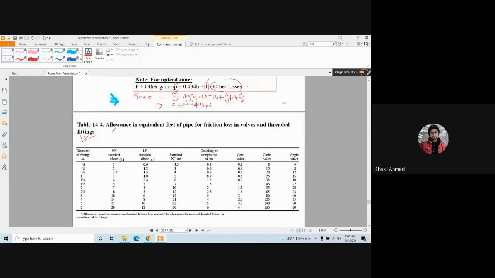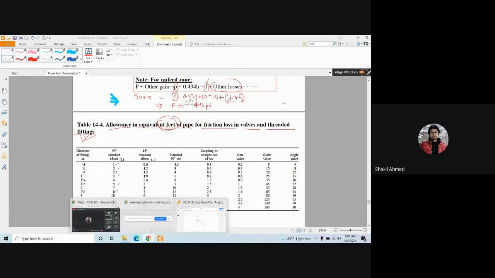This actually tells you allowance in equivalent feet of pipe for frictional loss in valves and threaded fittings. So these are all in feet.